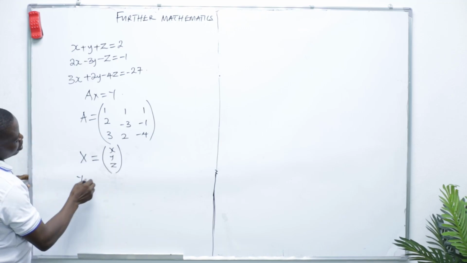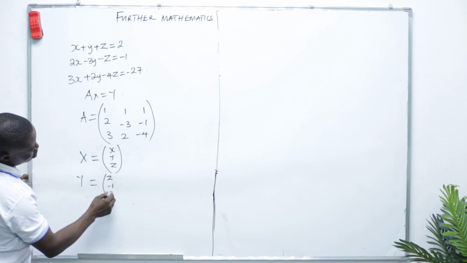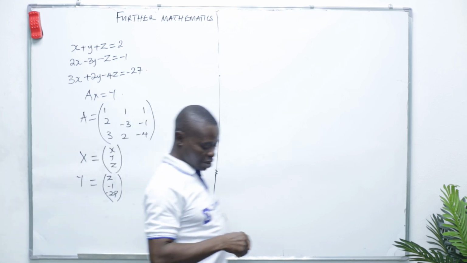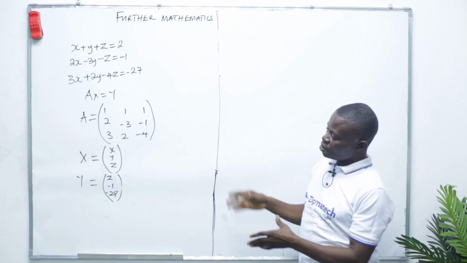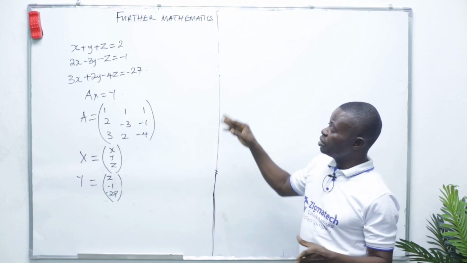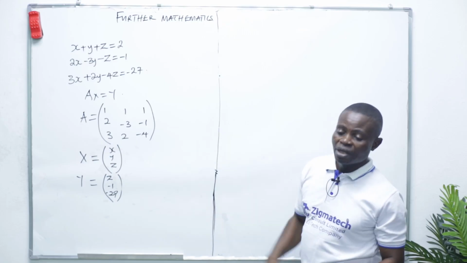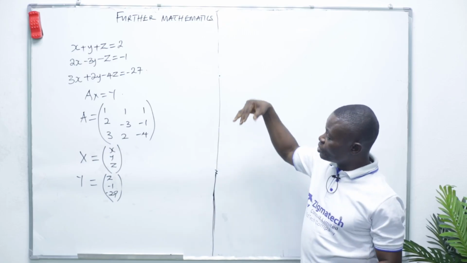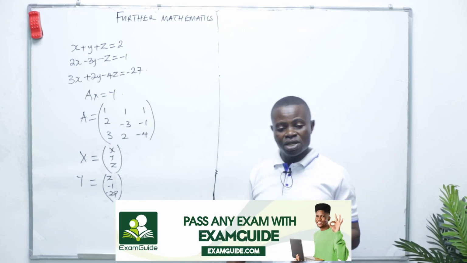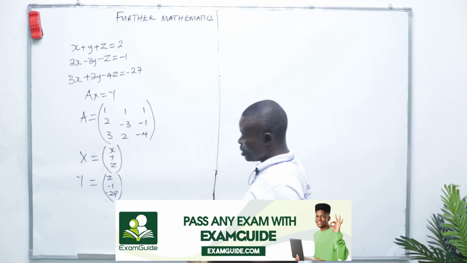Then my Y now equals 2, minus 1, minus 27. This is the way I'm listing it. I know why I am doing this, so that there will be no confusion. Those of you going for engineering, take note of this topic. I bet you, in year 2, year 3, you will still meet it: using the inverse method to solve complex simultaneous equations. At that point, you may get up to 4 by 4.